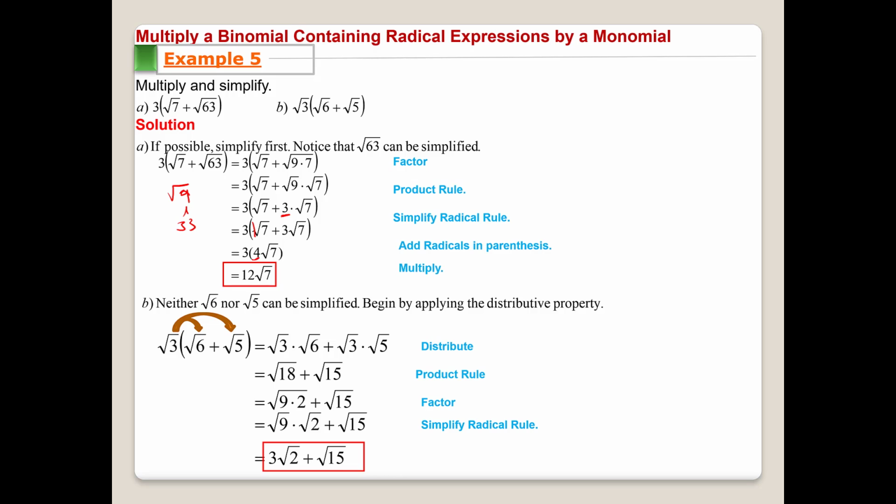So we should get 3 square root of 2 plus square root of 15. So again, square root of 9 gives us the 3 there. We have square root of 2 plus square root of 15. Since square root of 15 can't be simplified any further, we can't do anything. We can't add these two any further than this because they're not like radicals. Square root of 2 and square root of 15 are completely different.